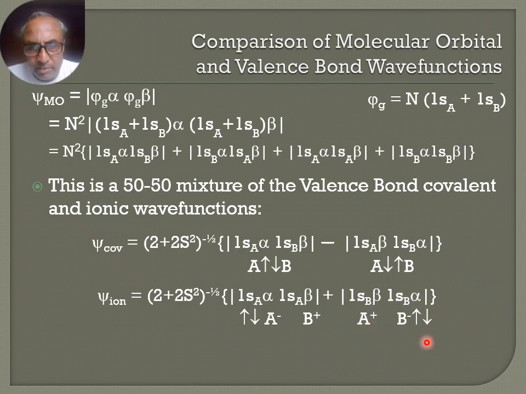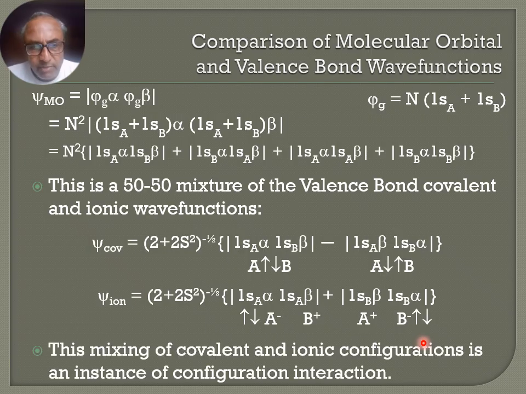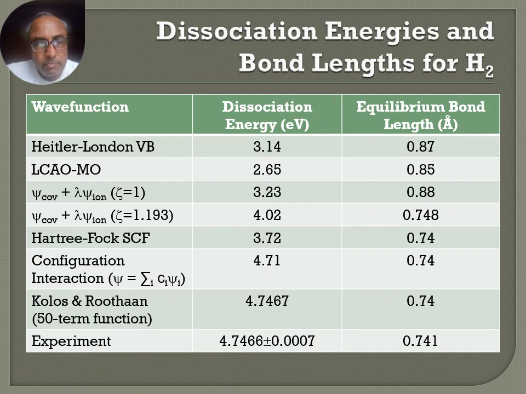And these are therefore both ionic wave functions. This mixing of covalent and ionic configurations is an instance of configuration interaction, which we will study in more detail later. So let us see how these methods perform.